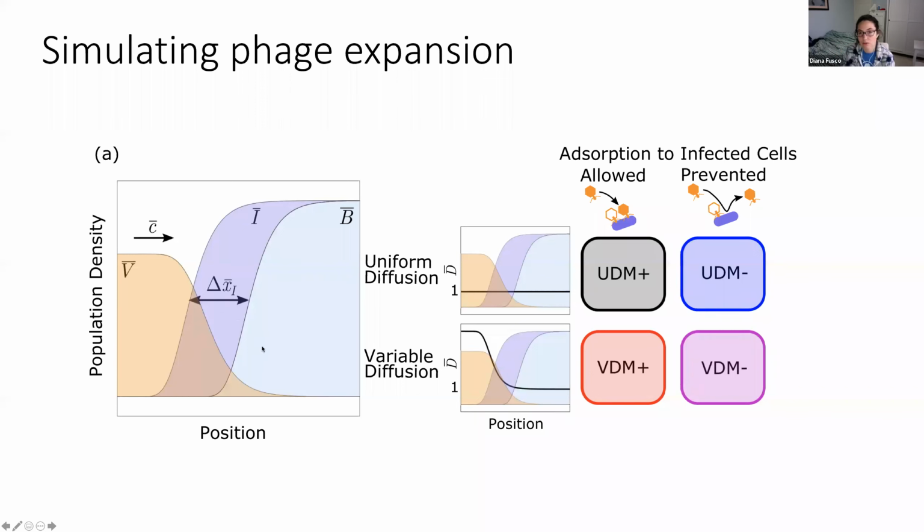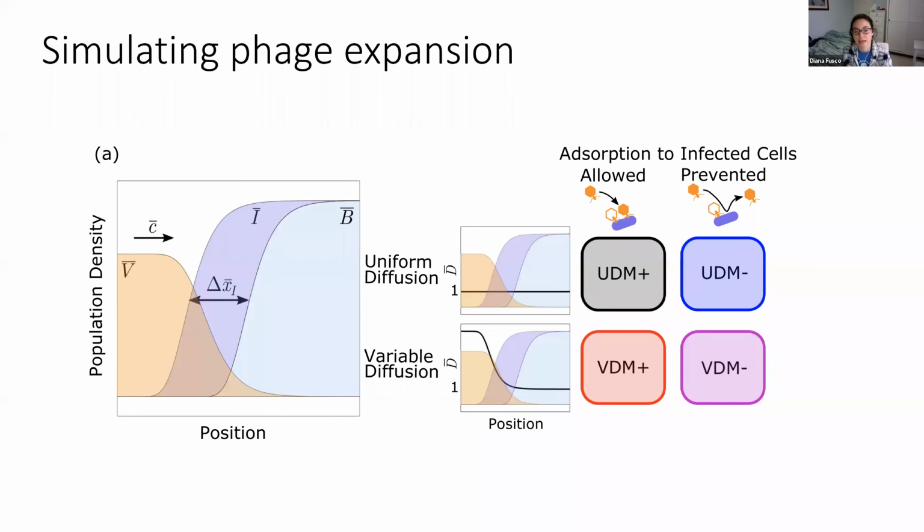So we see this kind of behavior for different variants of the model. In particular, we looked at 4 variants which were very meaningful, both for phages, but also for general viruses that expand into tissues. So the first one, which is the difference between the top row and the second row, is the effect of including this density-dependent diffusion.